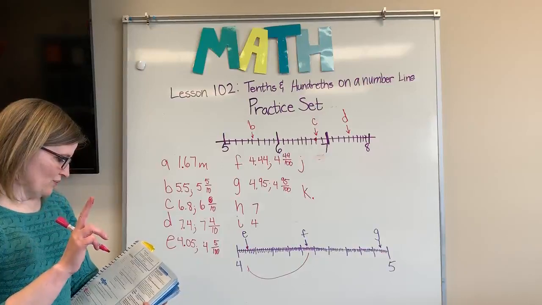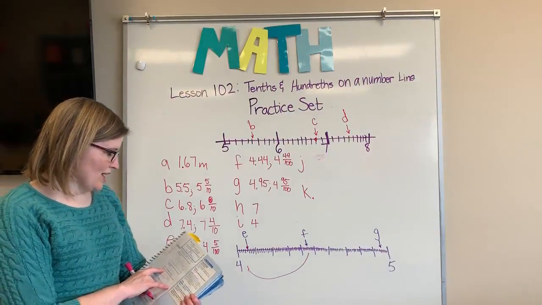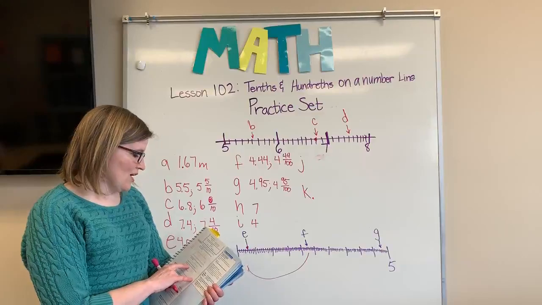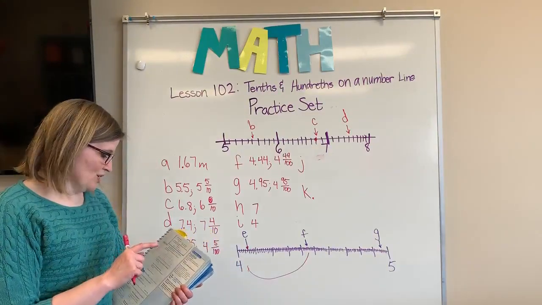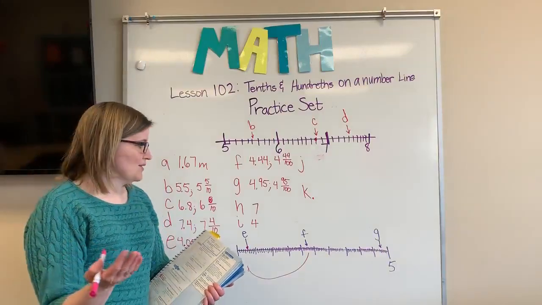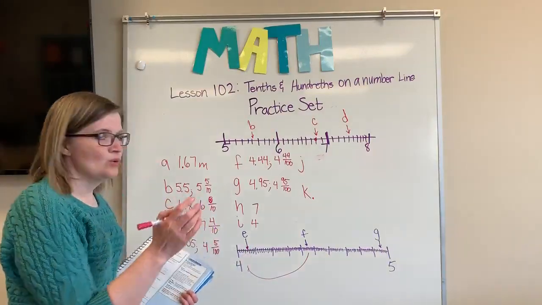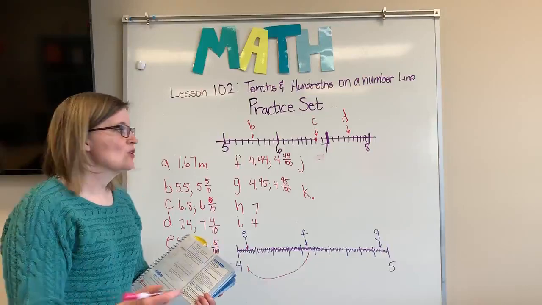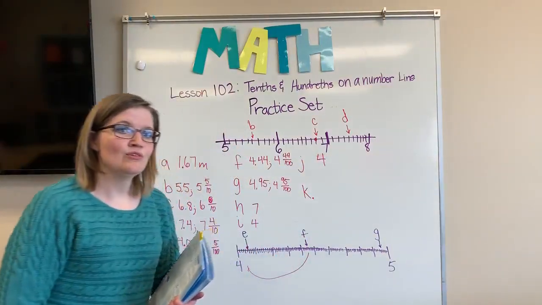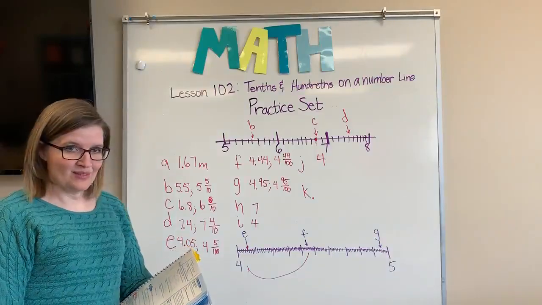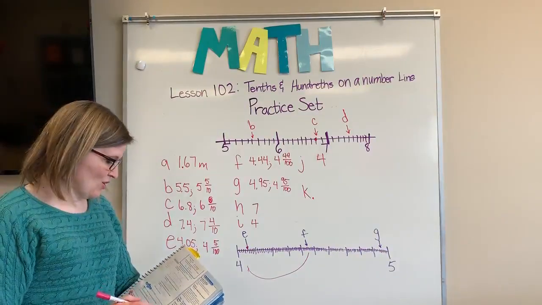The last two. Locate 4 and 4/10 on the number line and round to the whole number. Look at your book. It holds true again. 4 and 4/10 still rounds to 4.